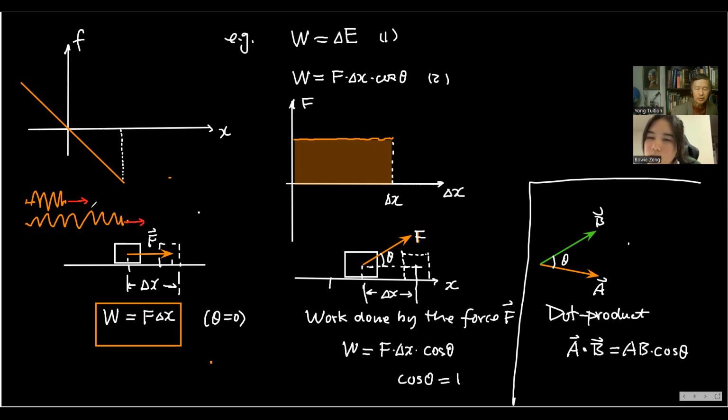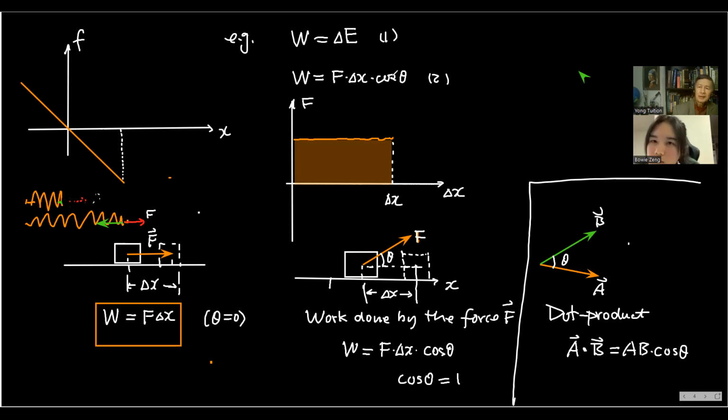The force equals the elastic force of the spring. This red force represents the external force, and obviously there is an elastic force opposite to this external force. At the beginning there is no force, so force is equal to zero.